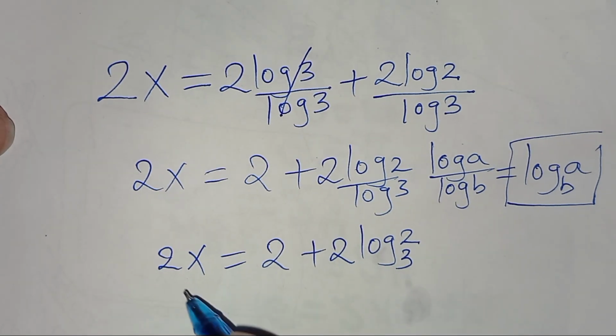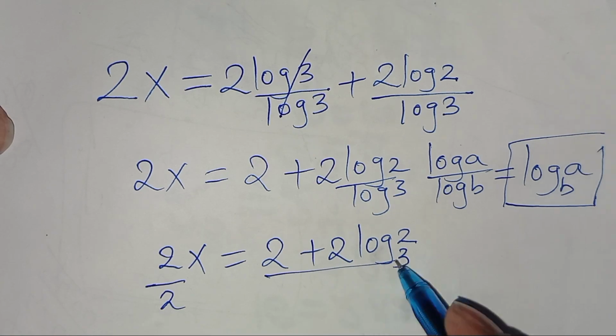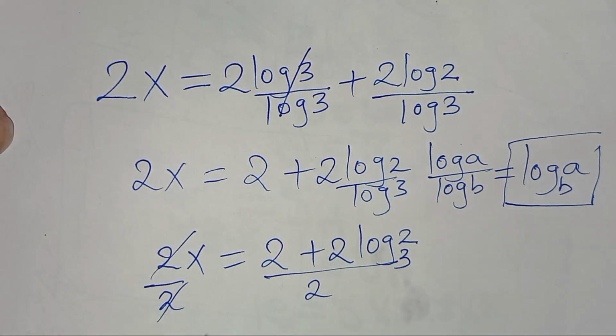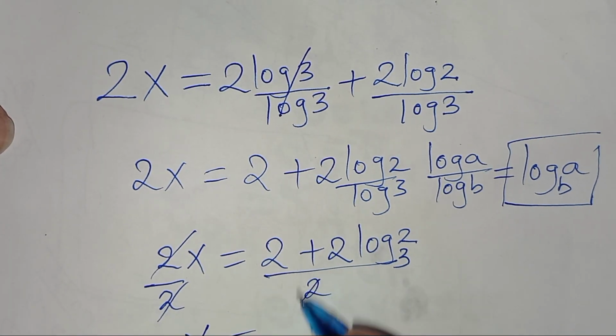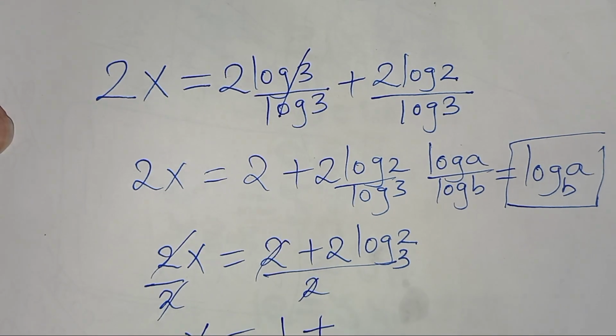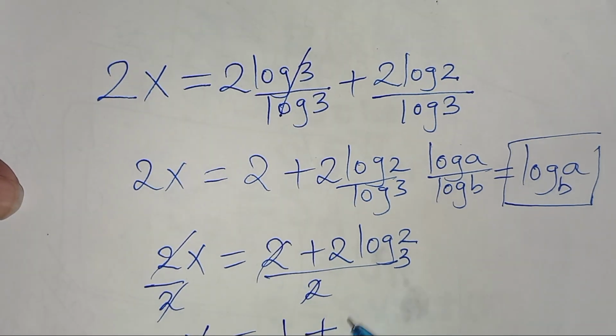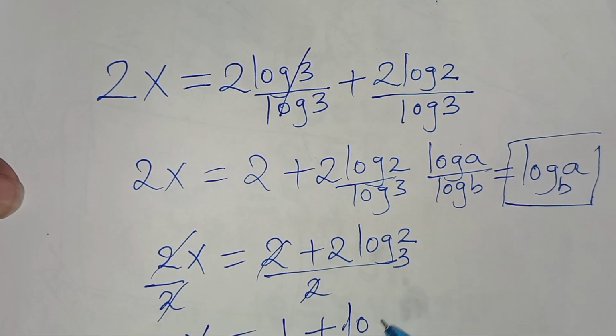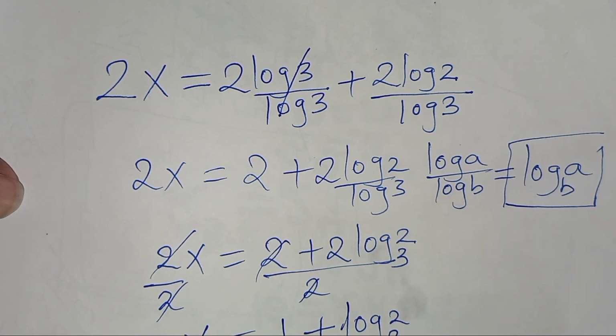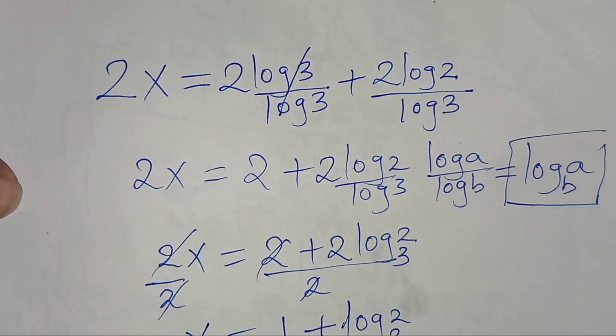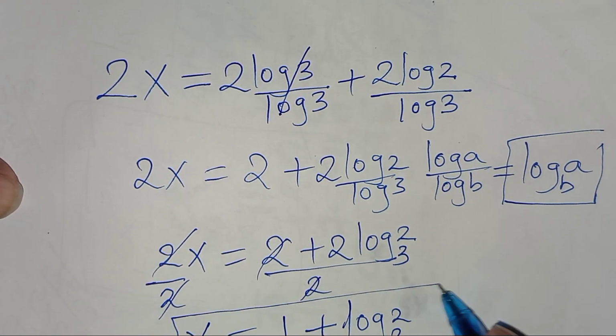Now let's divide both sides by 2. Okay, so that now x is equal to 1 plus log 2 to base 3. Now this is the value of x.